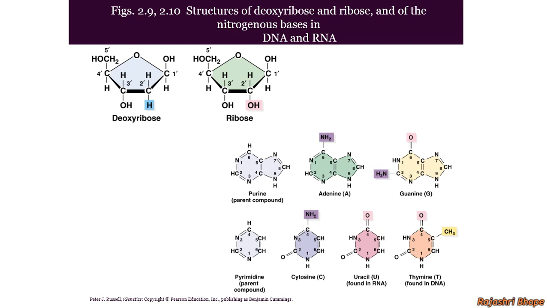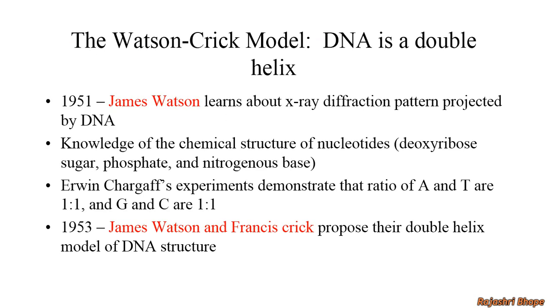So in DNA, ATGC, adenine, thymine, guanine, cytosine bases are present, and in RNA, AUGC are present: adenine, uracil, guanine and cytosine. Okay.